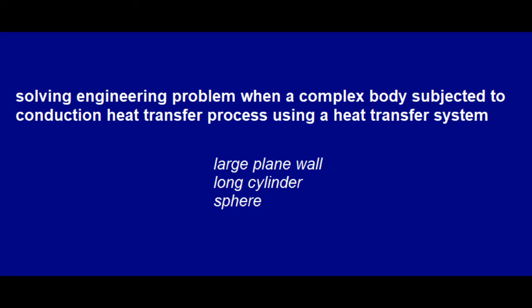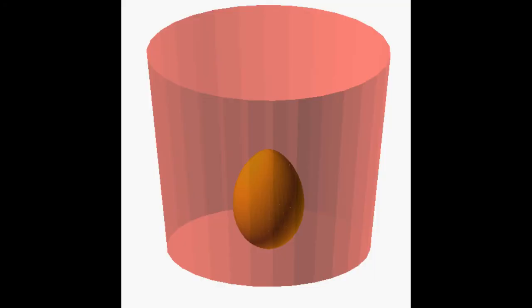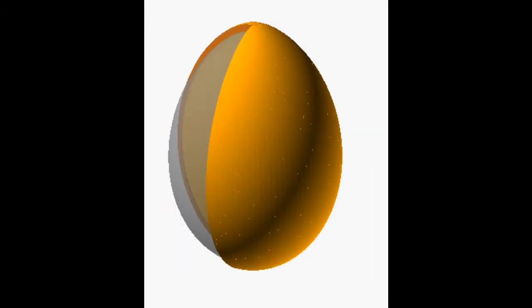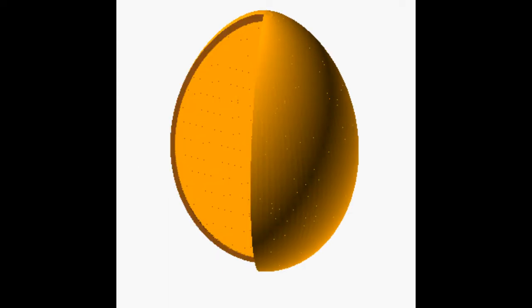We will place the egg in boiling water, or an environment in which the temperature of the fluid surrounding the egg is 100 degrees Celsius. Inside the egg is the yolk, and we assume that the yolk is perfectly attached to the internal surface of the eggshell. We will assume that the internal shell temperature is 80 degrees Celsius.